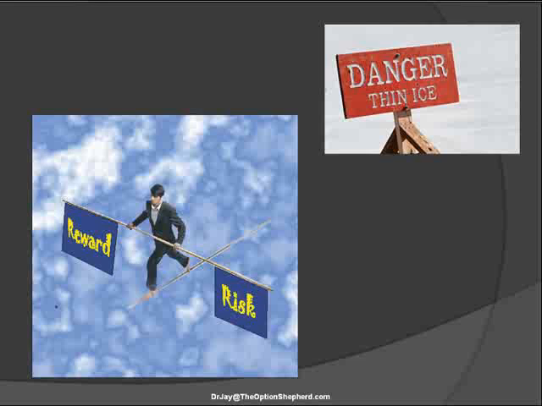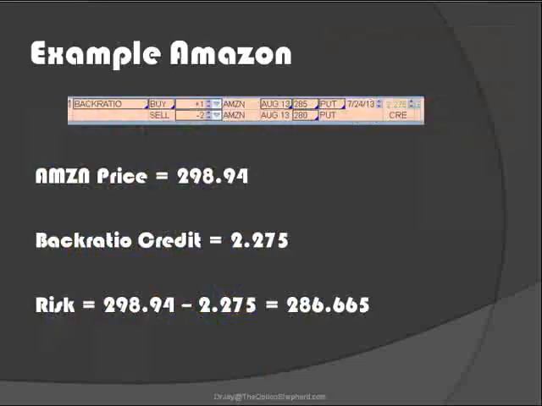It is the width of the spread minus the credit. Trades containing naked puts and calls make up the others. In this case, risk is calculated similar to that of a covered call. It's the price of the underlying minus the credit.